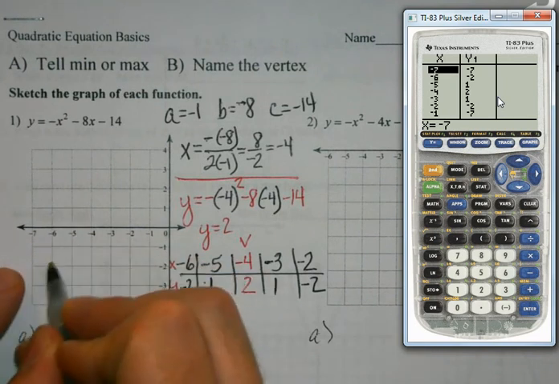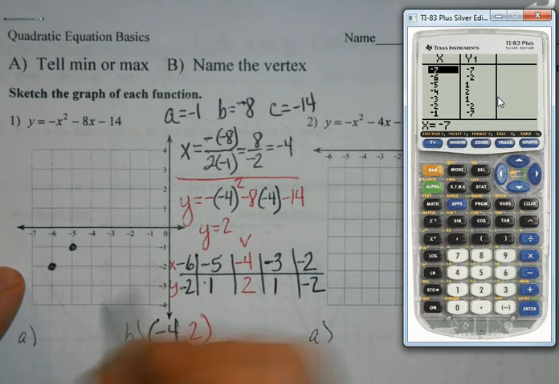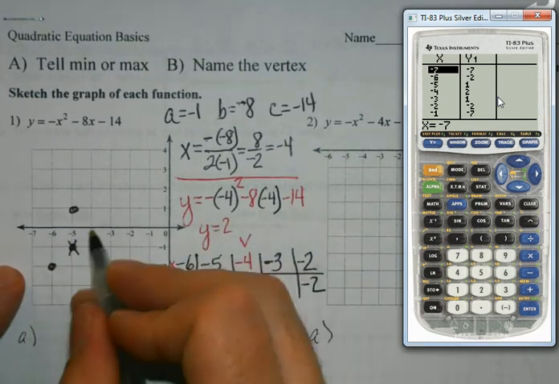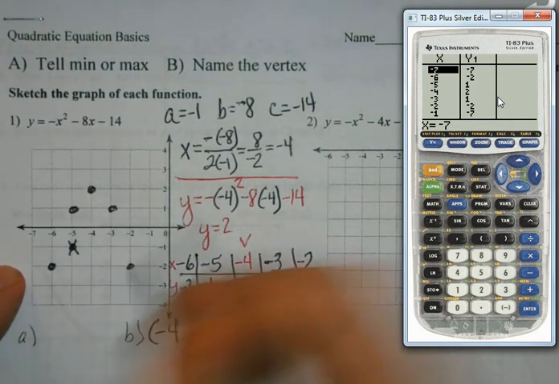So negative 6, negative 2, negative 5, negative 1, oops, negative 5, positive 1, negative 4, 2, negative 3, 1, negative 2, negative 2.